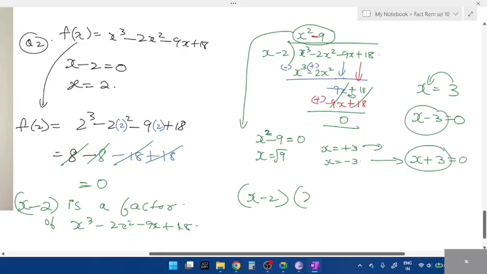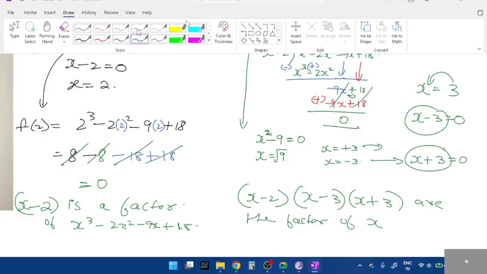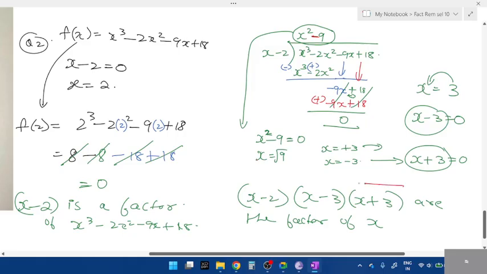Therefore, x minus 2, x minus 3, x plus 3 are the factors of this. This is the meaning of factorizing completely. These are the two additional factors. Is it clear? Did you all understand?